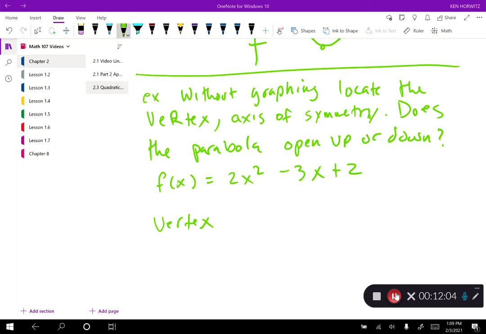All right, hopefully you took a shot. Negative b over 2a. So again, we have negative 3 over 2 times 2, which is 3/4. And your vertex most definitely can be not on a grid point, especially one that's easy to estimate.